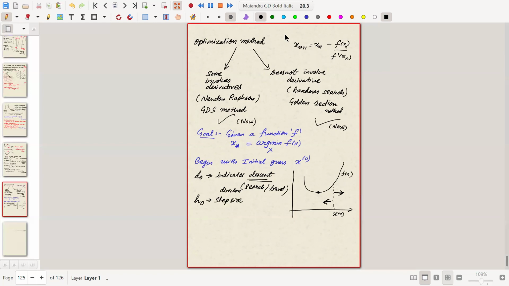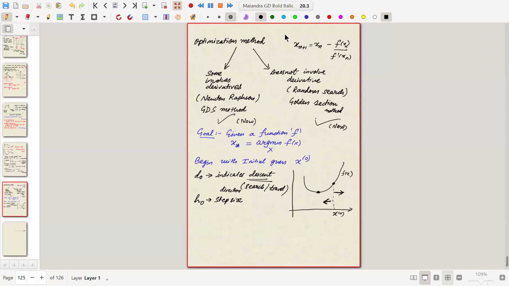All right. So I gave you an example, like X naught is here. Suppose you started your initial guess here.